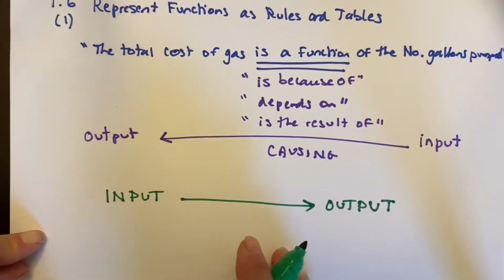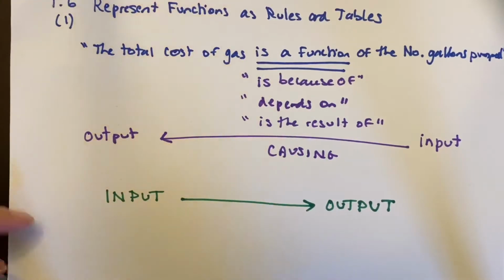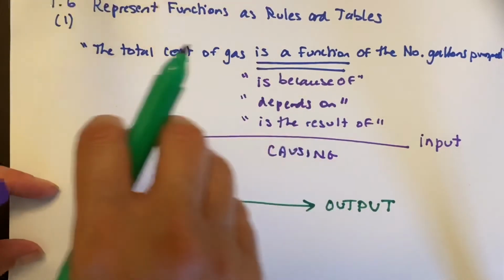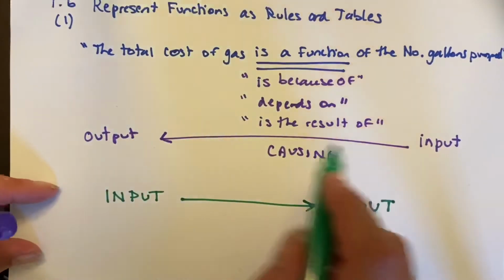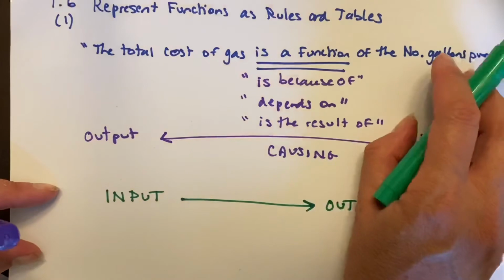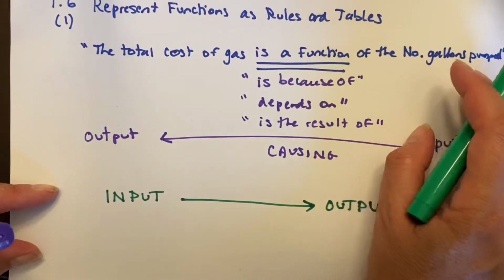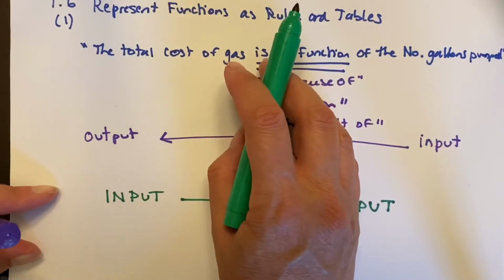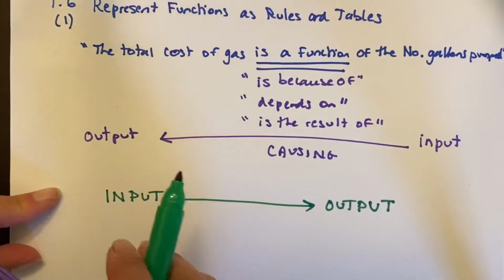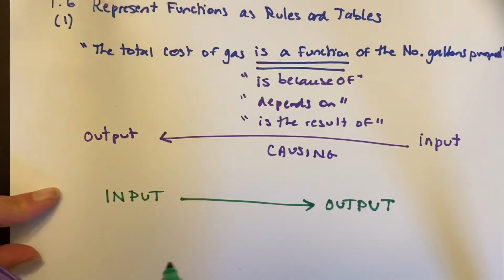Some of you who took Saxon had this whole function box. Something is done to the input to create an output. In this case, the input is gallons of gas pumped. And what happens to it? Well, it's multiplied by, say, $1.99 a gallon, right? And it causes an output.